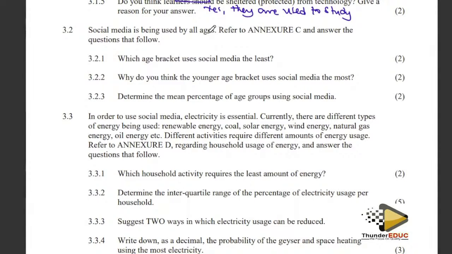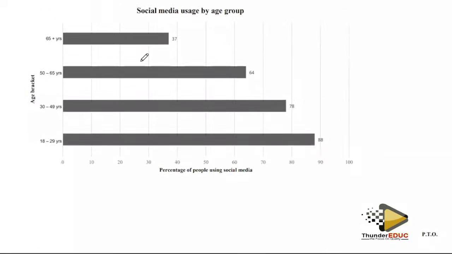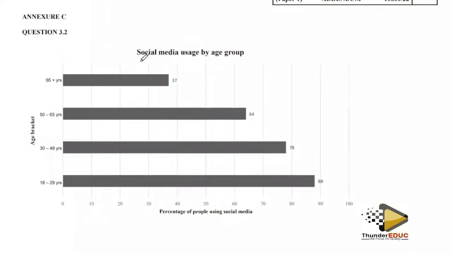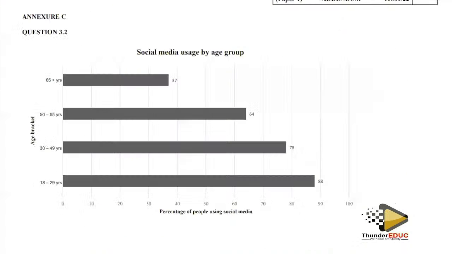Social media is being used by all ages. Referring to Annexure C, answer the questions that follow. Which age bracket uses social media the least? Let's go there. Annexure C, they are saying which age bracket uses social media the least, meaning the smallest.